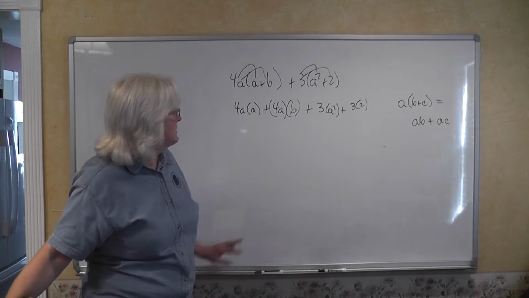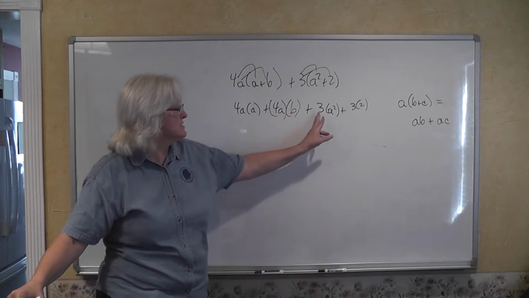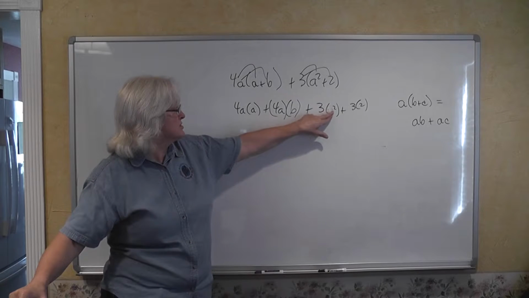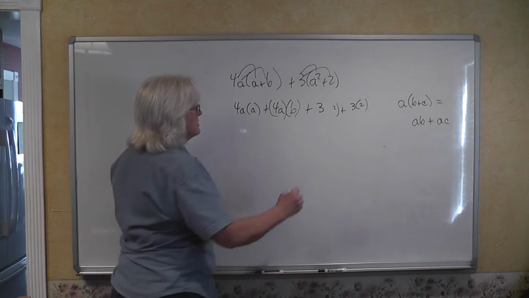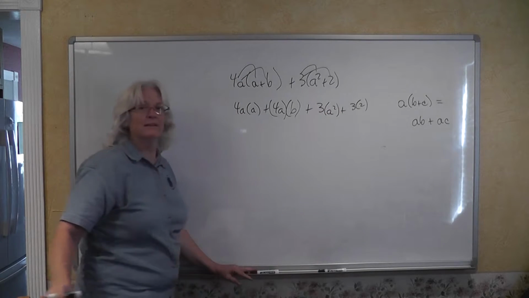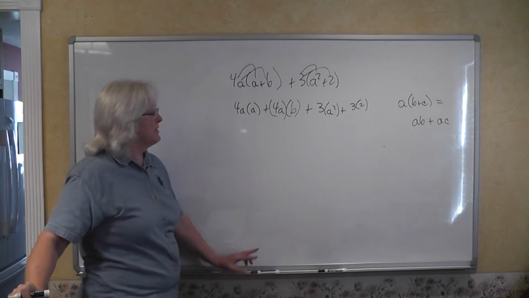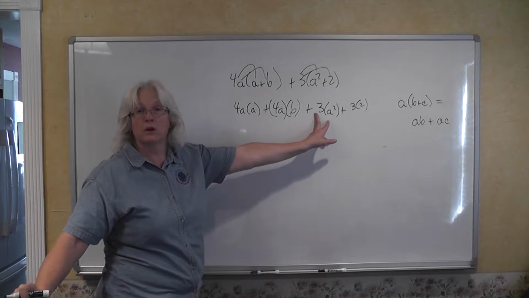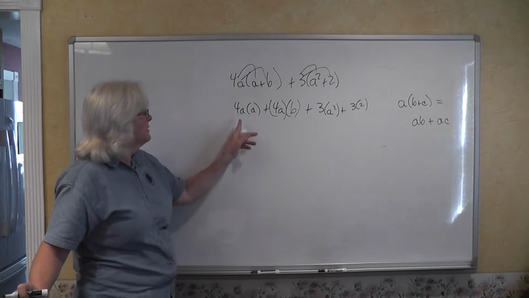You see some of these I enclosed in parentheses, some I didn't. It's not necessary to put that extra parentheses there because there's no way that you can misunderstand what's being said.